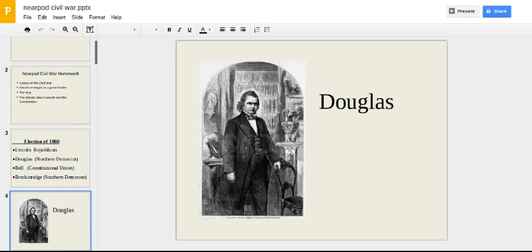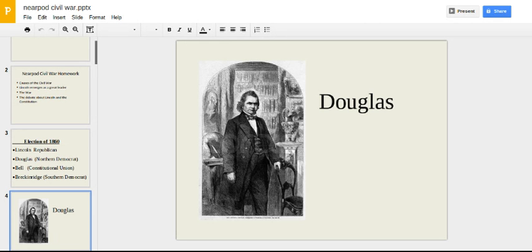Famously, the Lincoln-Douglas debates come out of that 1858 Senate election in which Douglas wins. But in winning, Douglas really alienated many Southern Democrats, because they believed that he didn't come out strongly in favor of slavery as much as they would have liked. This is going to lead the Democratic Party to split in the election of 1860.